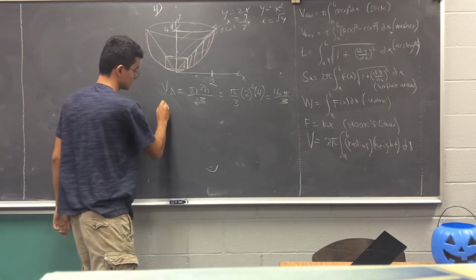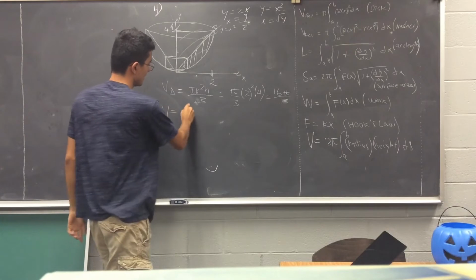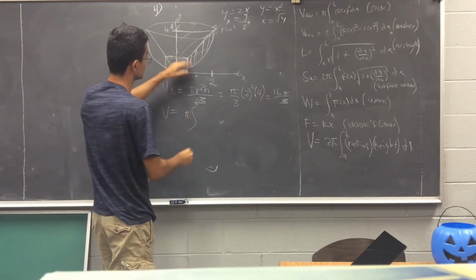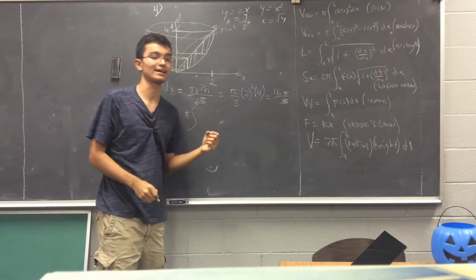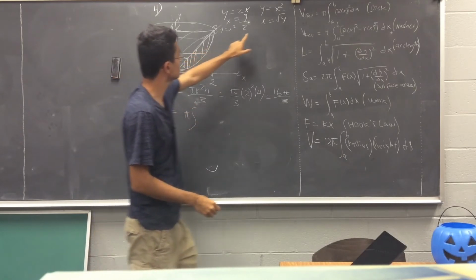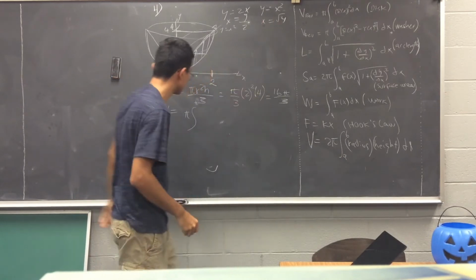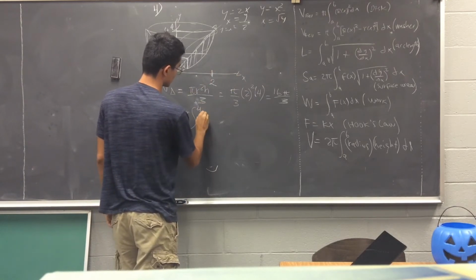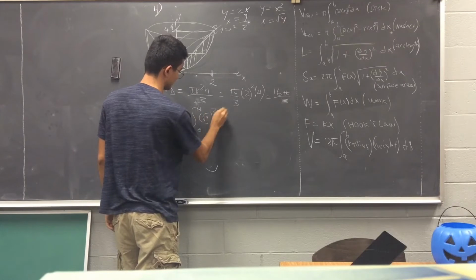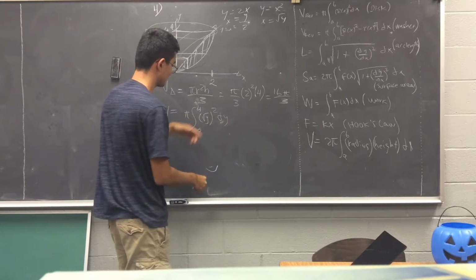So if we do that, we're going to get pi times the integral. This is going to be in terms of y, right? Because the radius is perpendicular to the y-axis. And that's going to be x equals the square root of y. So that's going to be from 0 to 4 of the square root of y squared, pi r squared, dy.